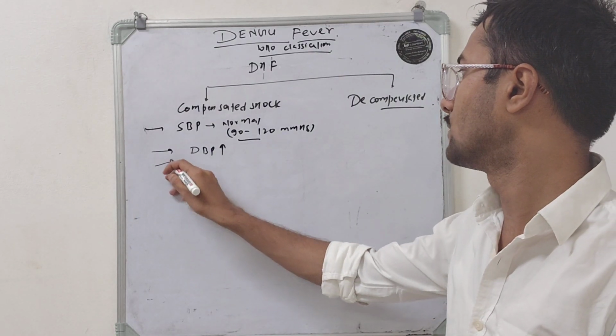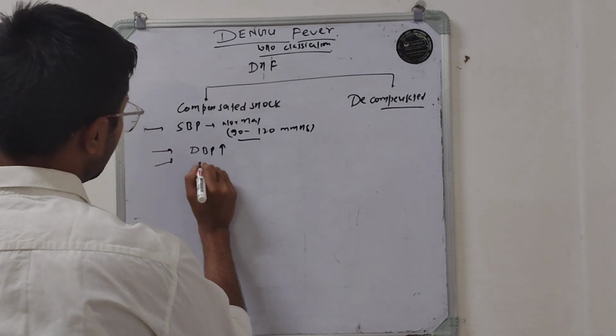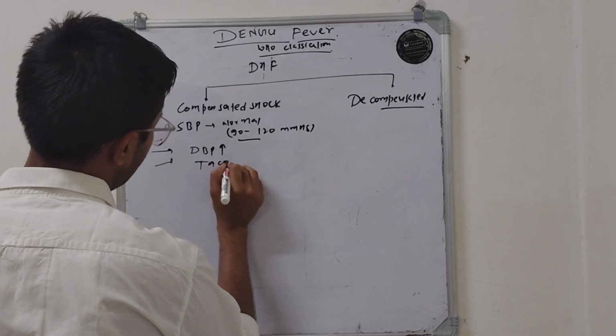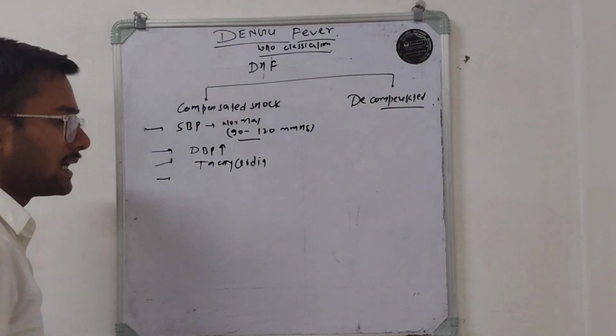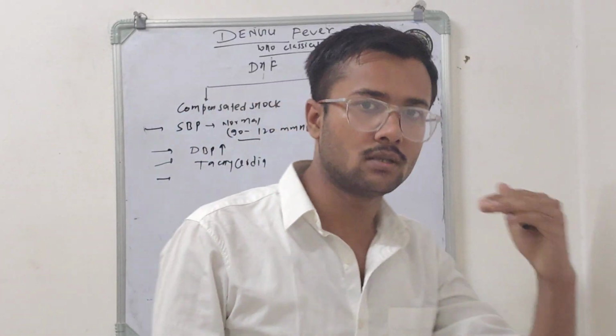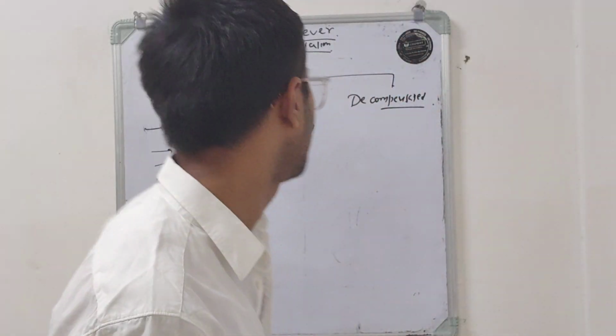So these are the 2 points. What is the third point? The third point is that the patient is in a tachycardia condition. Tachycardia is for more cardiac output, so they fulfill the tissue demand.